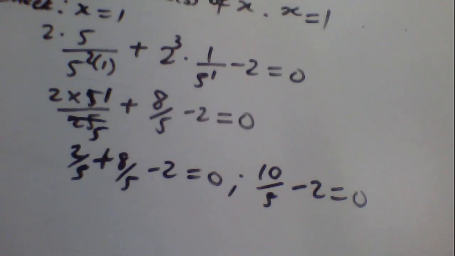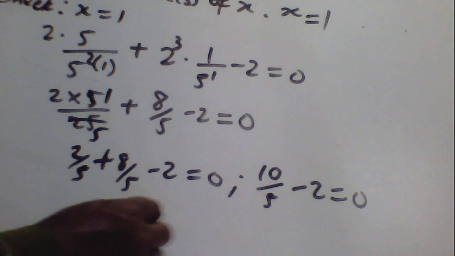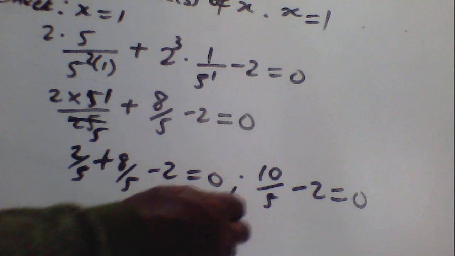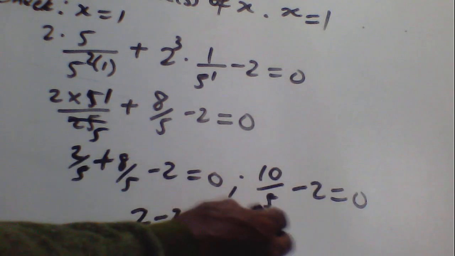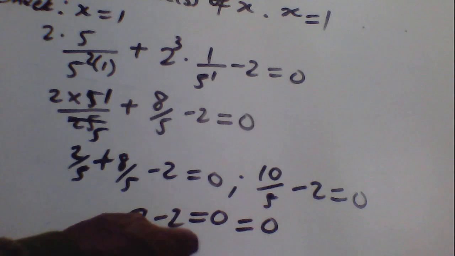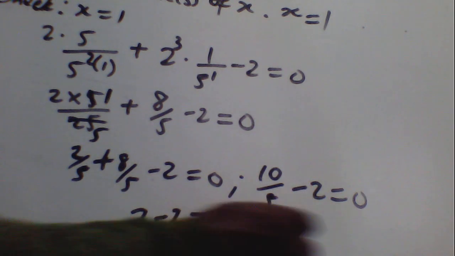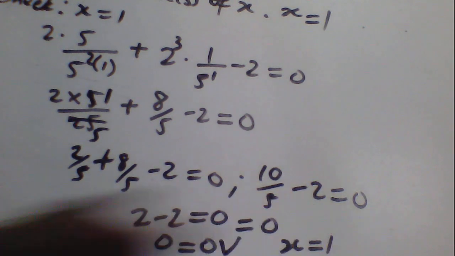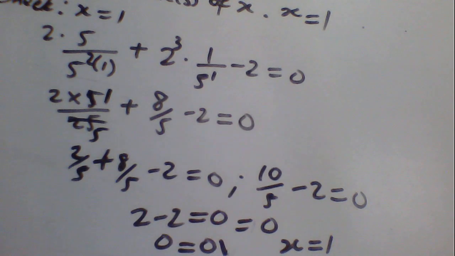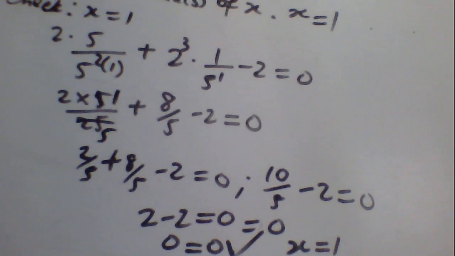10 divided by 5 equals 2, and 2 minus 2 equals 0, which is equal to 0. So 0 equals 0 is a true statement, so x equals 1.